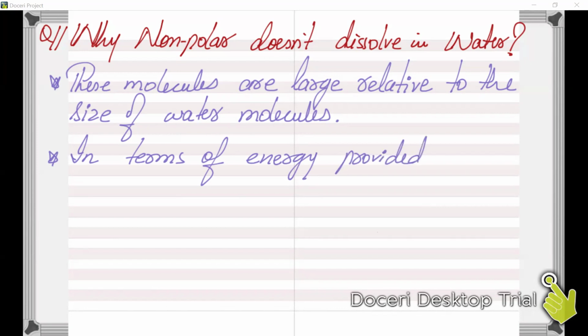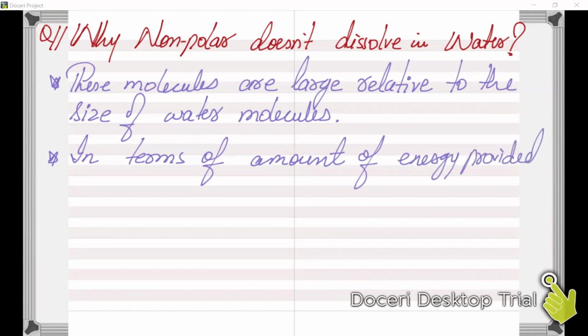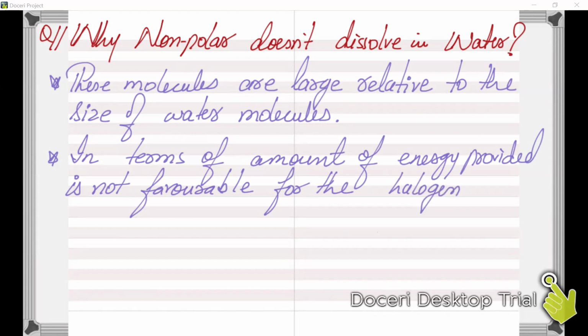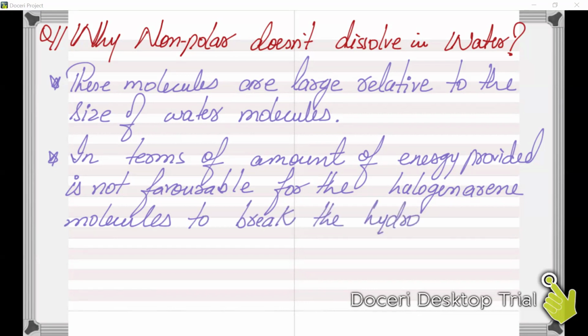So the amount of energy that is provided is not favorable for the halogenarene molecules, to break hydrogen bonds.